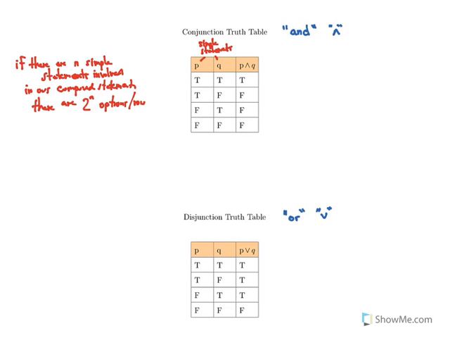And now we're looking at the validity of P and Q. And note that for P and Q to be true, both P, and then here's our keyword, and Q have to have a value of true.